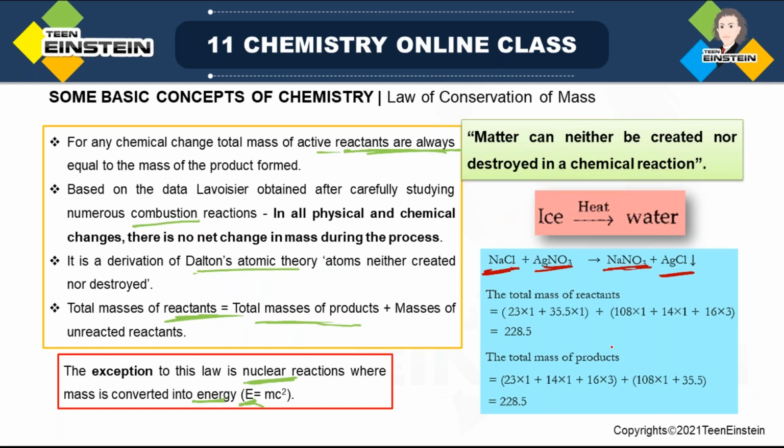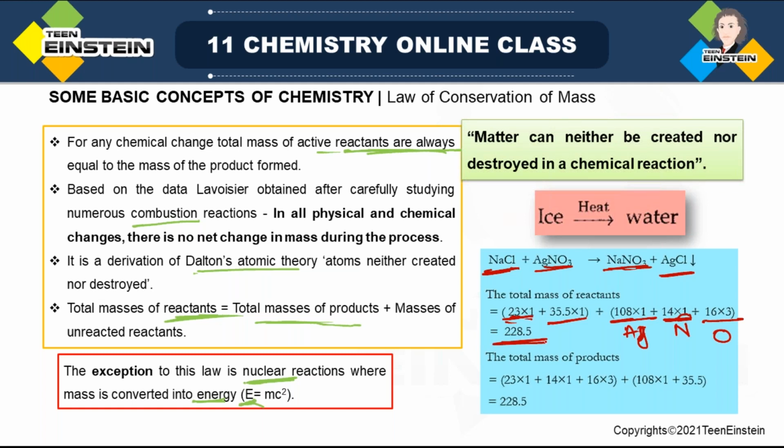Total mass of reactants, if we look at the left hand side: 23 into 1 for sodium, 35.5 into 1 for chlorine, and for AgNO3, this is the mass of 1 Ag atom, 108, then 14 into 1 for nitrogen, and this part is for oxygen. If you add all this, you will get 228.5.